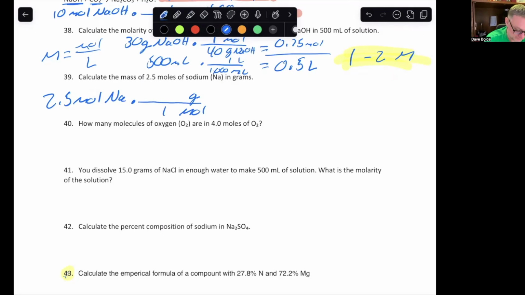So 1 mole of sodium is equal, according to the periodic table, to 23 grams. So this is pretty straightforward. Put that in the calculator and you're going to get between 56 to 58 grams of Na.